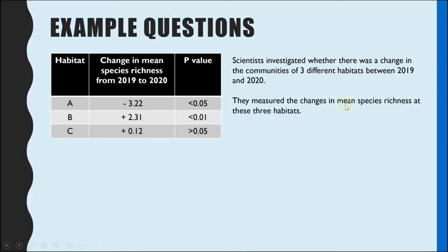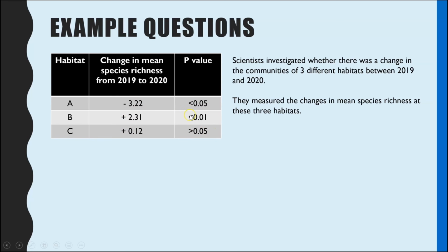So mean species richness was their measurement to see if there's a change in the communities. And because it's a difference between 2 means, that is why it'd be a student's t-test. We've got our 3 habitats, and for the first one we can see a decrease in the change in mean species richness. The other 2 are an increase.